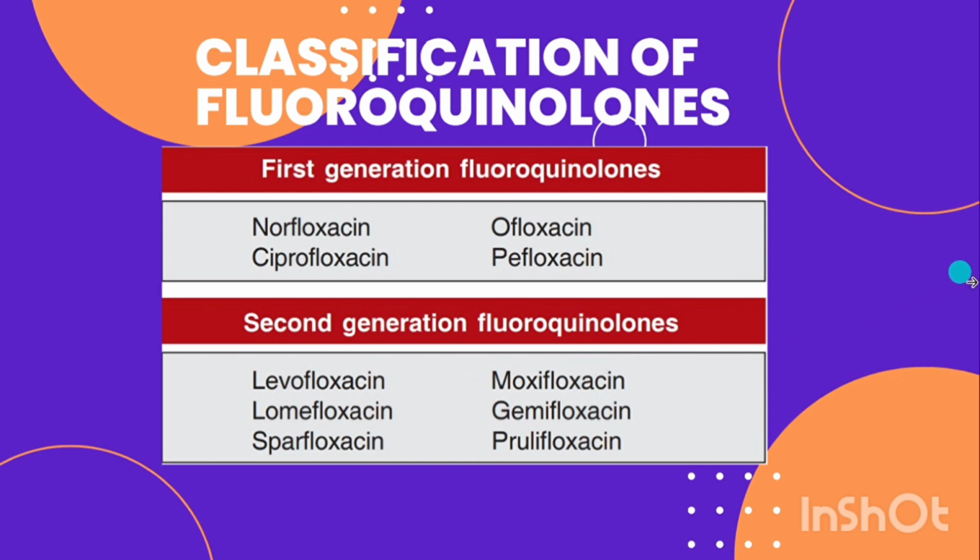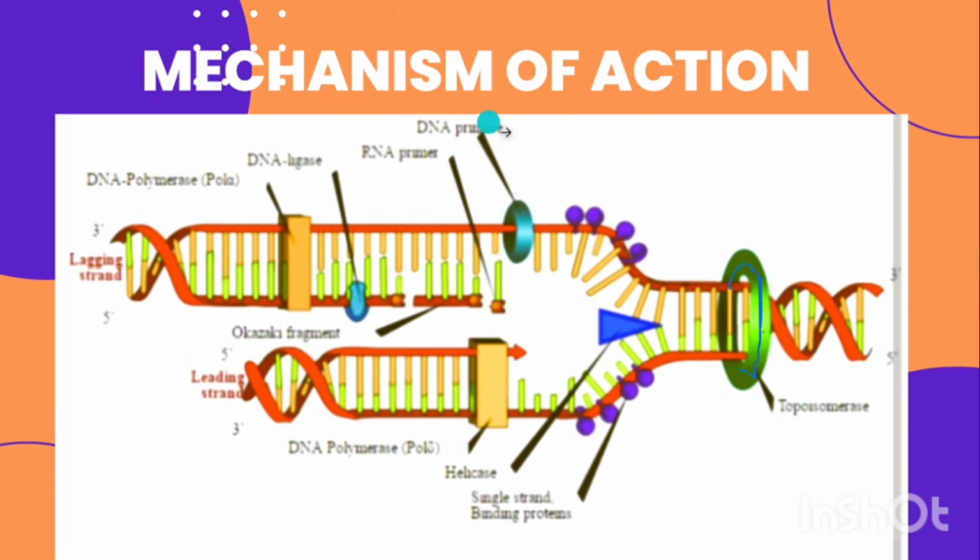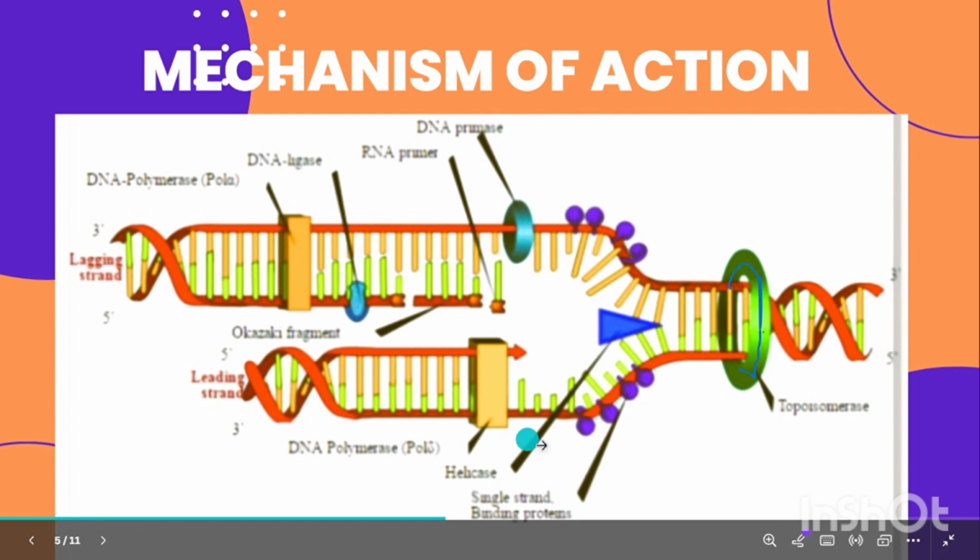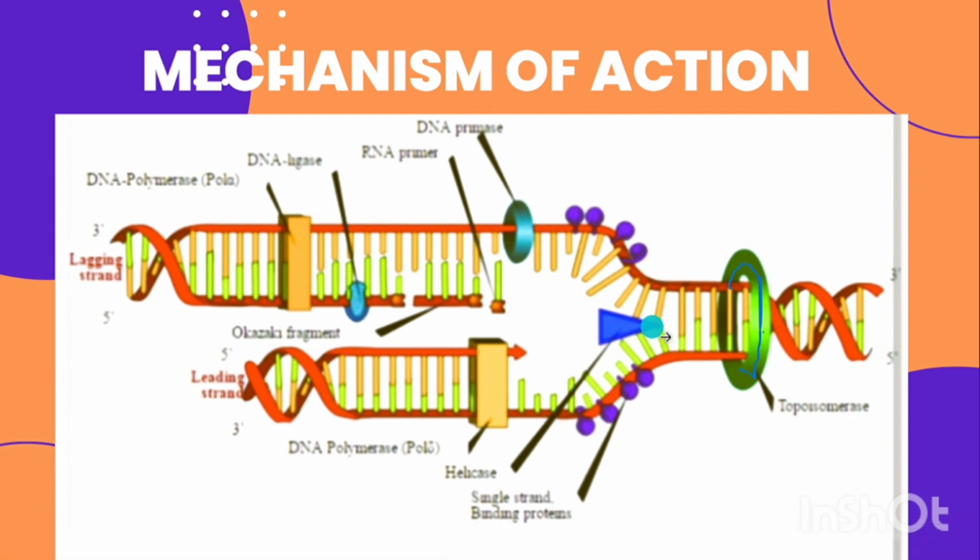If you see the mechanism of action of fluoroquinolones, it is a bit complicated, so kindly concentrate students. This is the double helical structure of bacterial DNA. Once bacterial replication has to start, this double helical structure has to uncoil or unwind. For this, the DNA helicase enzyme takes the initiation and starts unwinding this bacterial double helical structure.